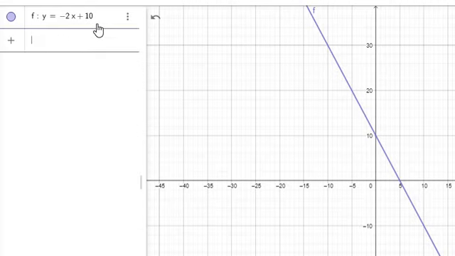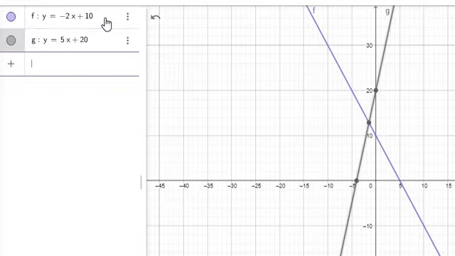Let us see if this is not a coincidence and use a different equation. So let's use y equal, let's say 5x plus 20. And as we can see, for the function g, we have the graph passing through 20 on the y-axis. So this is our y-intercept.